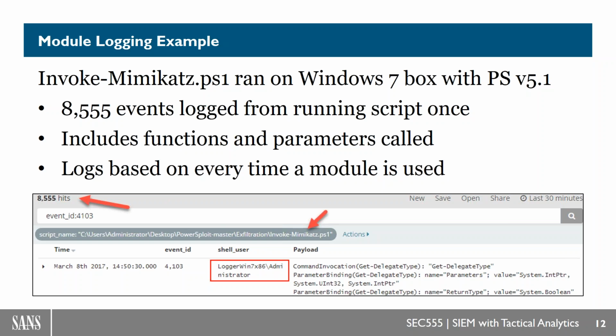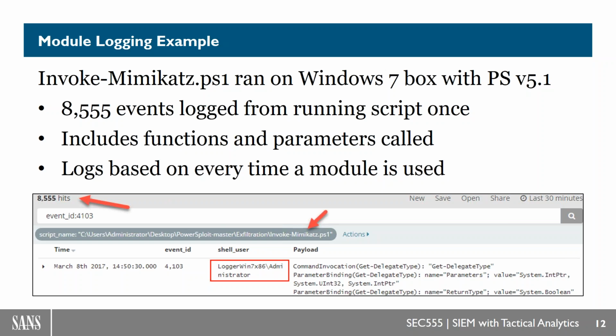So as I said, doing the asterisk and logging everything may not necessarily be the best rule of thumb for enabling module logging. But in SEC555, we give you some specific use cases where module logging can be very effective for catching the bad guy. You see here in the screenshot, we see the command invocation of Get-DelegateType, and you also see System.IntPtr is the parameter being called.